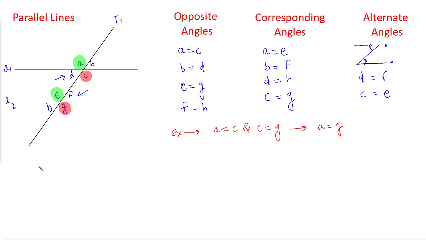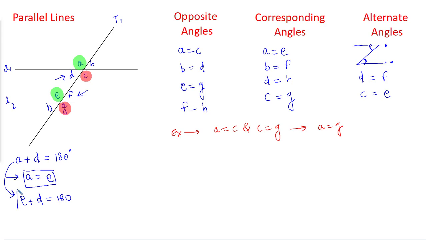Now after this, let's have a look at the next property. In the given diagram, can I say that angle A plus angle D is equal to 180 degrees? Angle A plus angle D is equal to how much? 180 degrees. Now we know that angle A is equal to angle E, so let's replace angle A with E. This equation becomes E plus D, which is equal to 180 degrees.